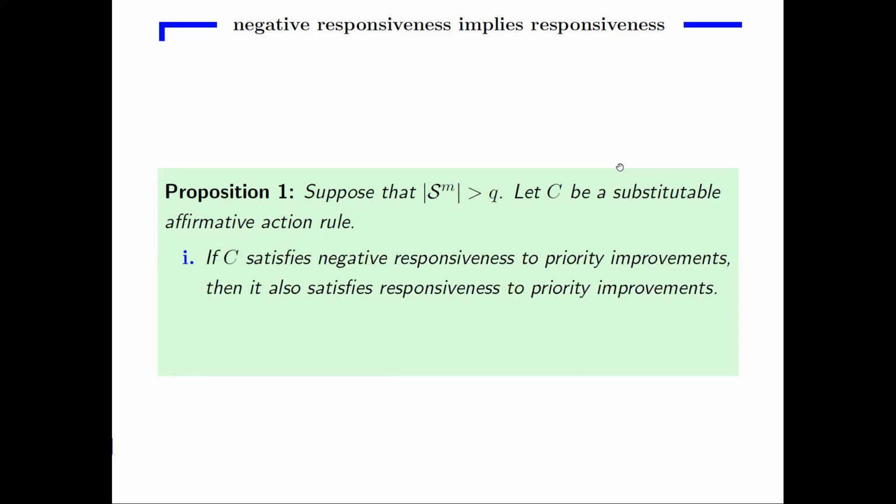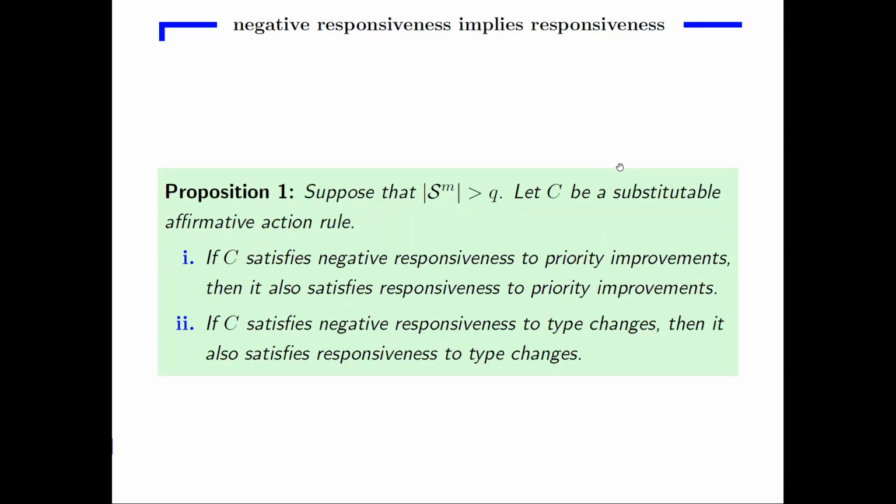Then suppose that C satisfies negative responsiveness to priority improvements. Then it must also satisfy responsiveness to priority improvements. Similarly, suppose that C satisfies negative responsiveness to type changes. Then it must also satisfy responsiveness to type changes.